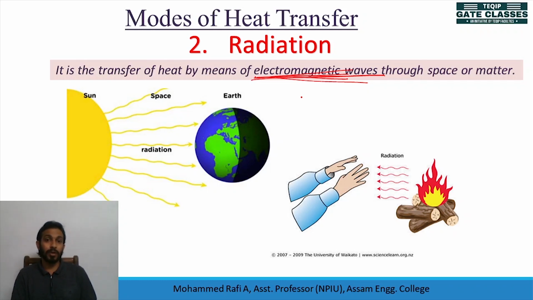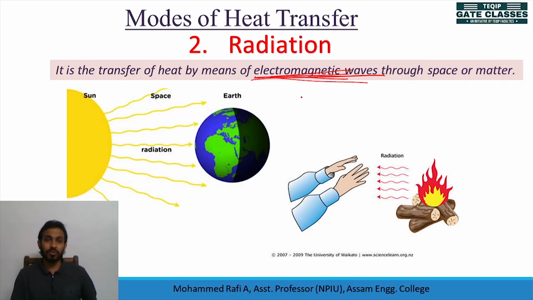It is very important to remember radiation has a lot of day-to-day life applications, starting from the energy source of the universe, that is the sun, which is emitting heat in the form of electromagnetic waves, and the earth is absorbing, and all other surrounding planets are absorbing this heat energy, and they are utilizing or storing this heat energy for different purposes.